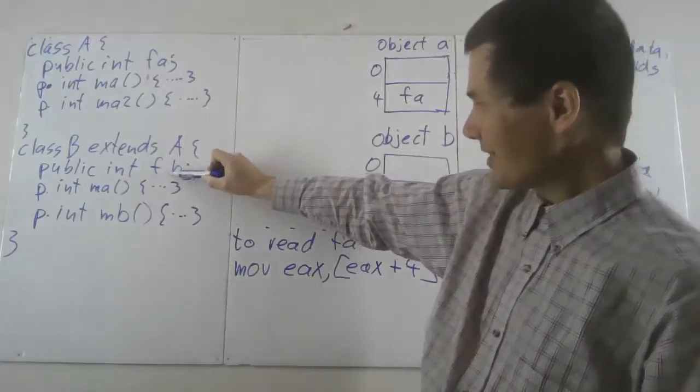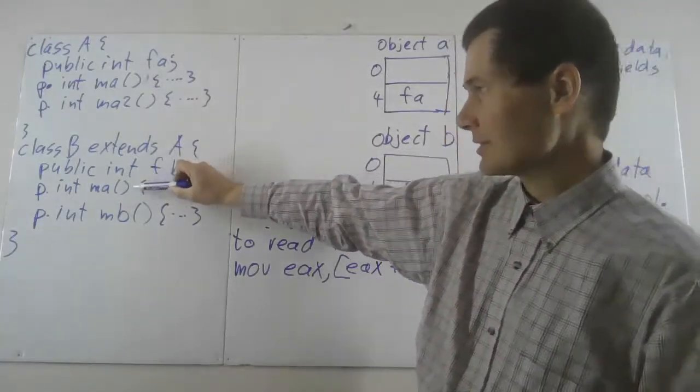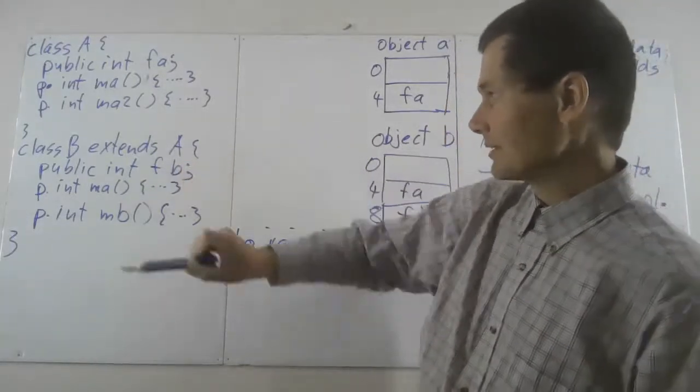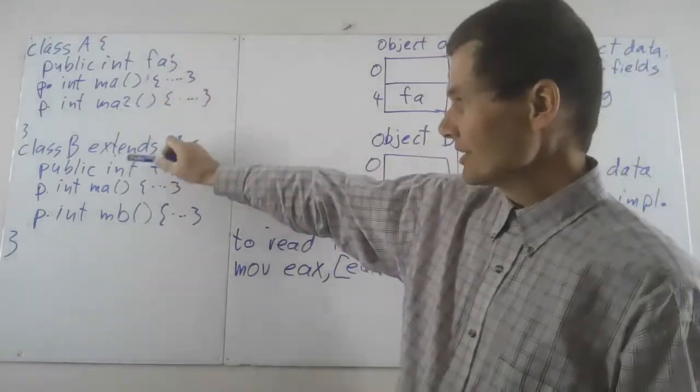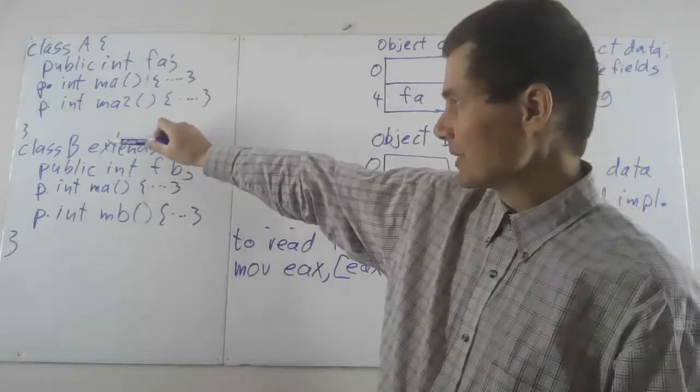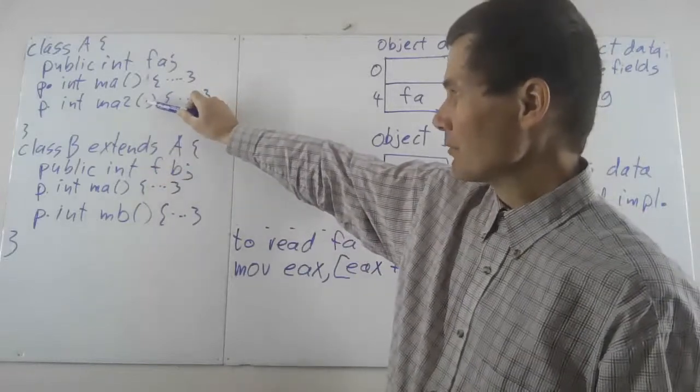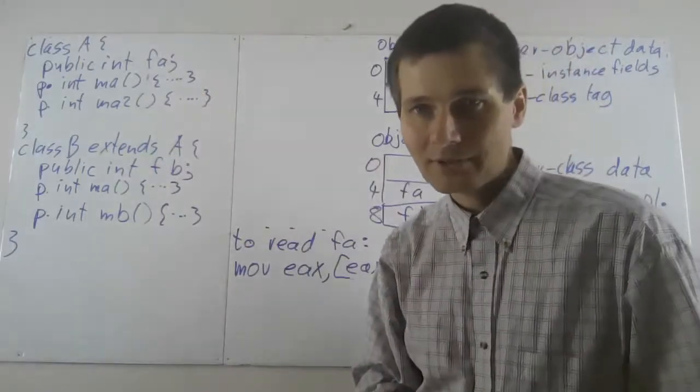But if at runtime it's an object of class B, we want this other implementation of method MA. Whereas for method MA2, it's not being overridden in class B, so either way, we want this particular implementation.